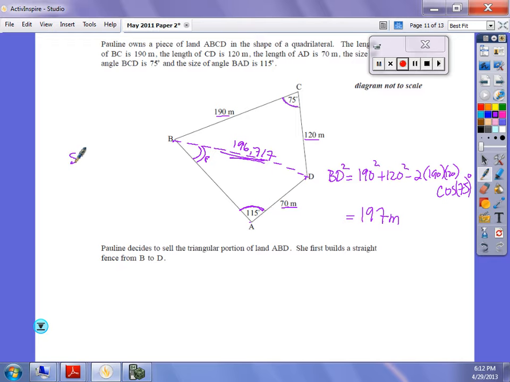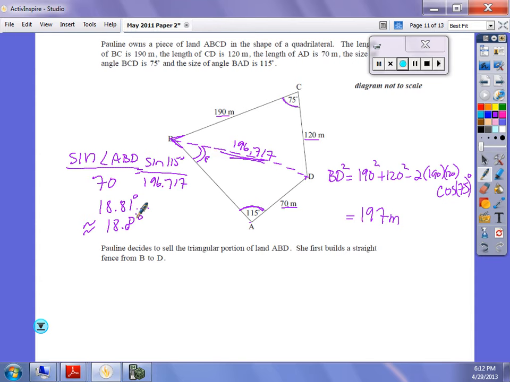So I know that the sine of angle ABD, and I can't call that angle B because there are 3 angles there that could be B, over 70, the side opposite, is equal to the sine of 115 degrees over 196.717. So when I do that calculation, I get 18.81. I got some more digits after that, and I'm going to round that to 18.8 degrees.